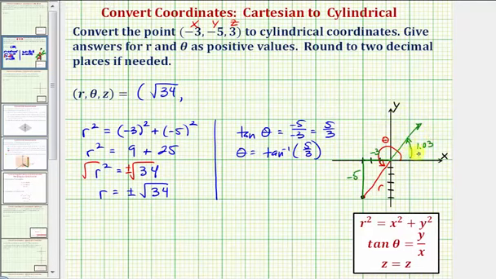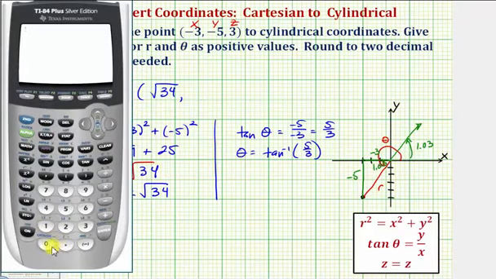So while this angle is in the first quadrant, it does tell us the reference angle in the third quadrant. The reference angle here is approximately 1.03 radians. So to find the angle we're looking for, we'll have to add pi radians to the reference angle of 1.03.